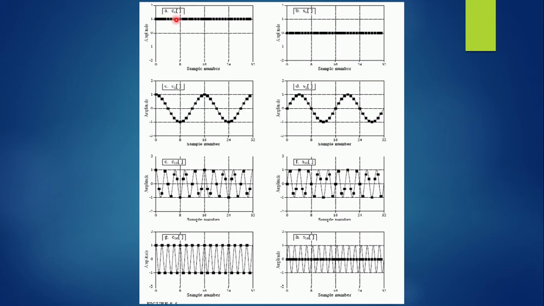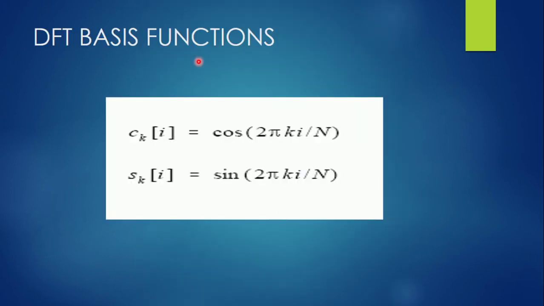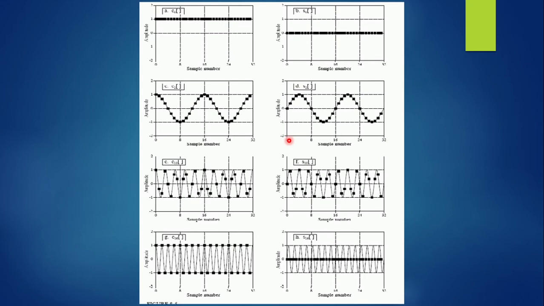First, the value of k is equal to 0. Then we will take k as 1, then k as 2, and so on. For k equal to 0, it's a straight line for the cosine.